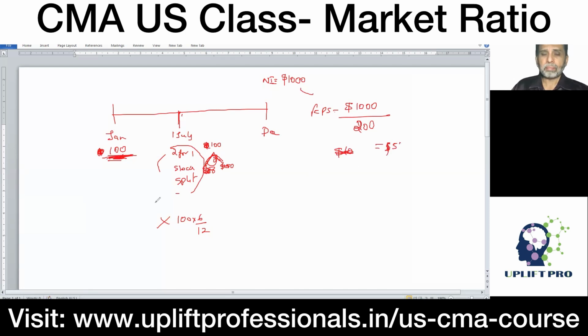Is that clear? Your EPS is going to be $5. For a stock split, you do not take any average because no resources are coming in. And same with stock dividend. The equity amount remains the same. When there's a change in equity amount, that change has to be taken into account by taking the average.